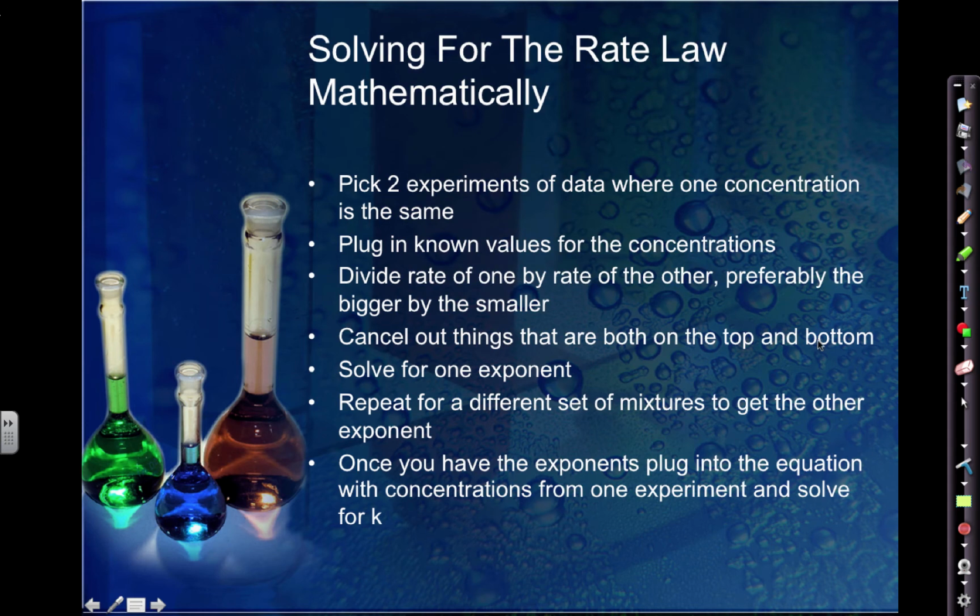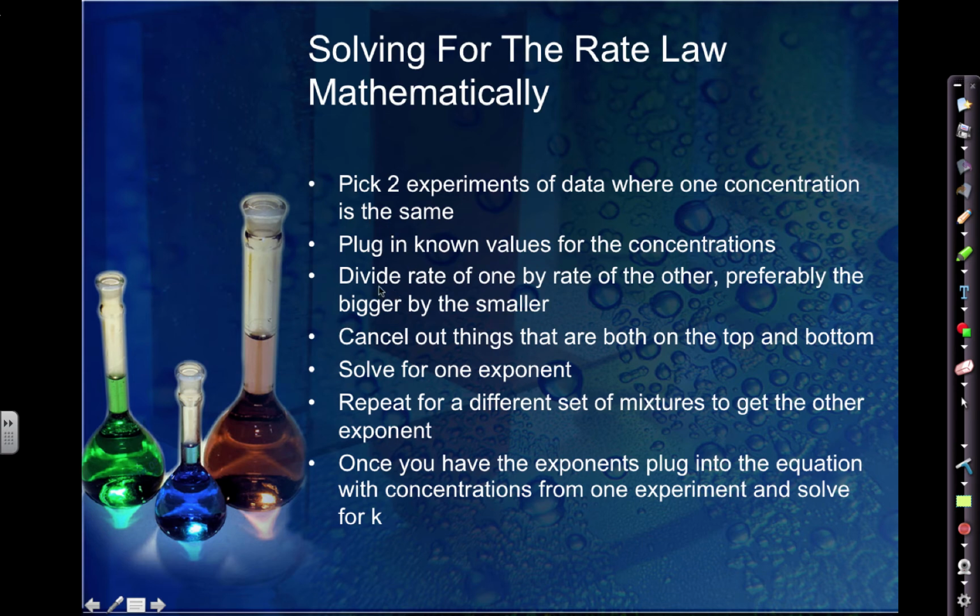All right, so if I cannot reason my way through the data, I can actually just solve for everything mathematically. I can solve for all the exponents, I can solve for K with math. So what you do is you pick 2 experiments of data, and one concentration has to be the same. You're going to plug in known values for the concentrations. So you're going to take the data, plug in the concentrations into the rate law, and of course you don't know what the exponents are, you don't know what K is.